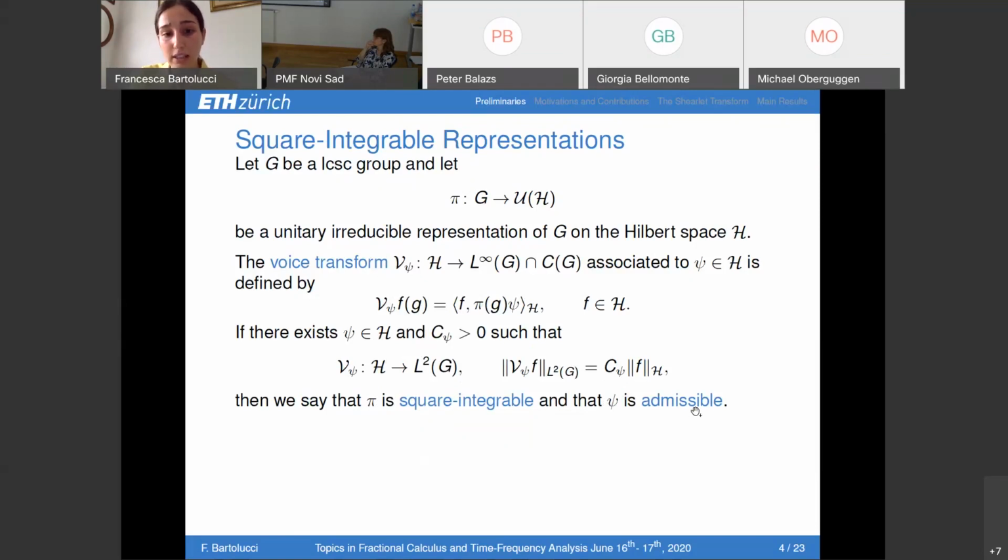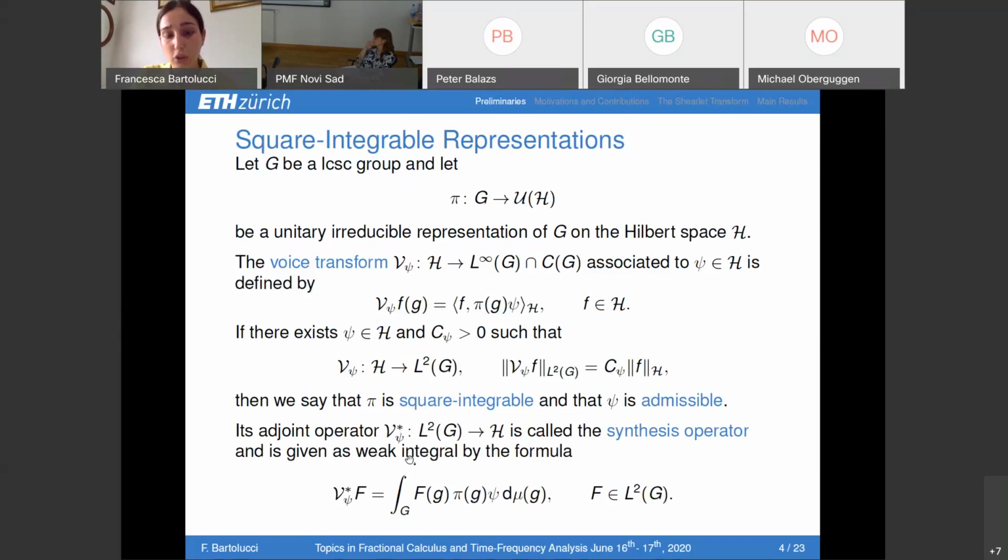In such a case, we can consider the adjoint operator of the voice transform, which is called the synthesis operator, and which is given by the following weak integral, in the sense that this is the element in the Hilbert space whose scalar product with all the other elements in the Hilbert space is given by the following formula.